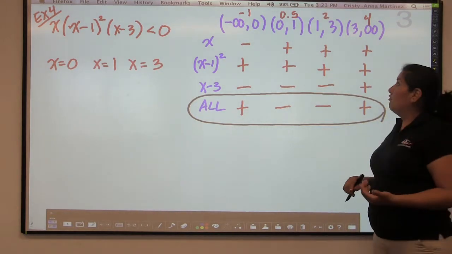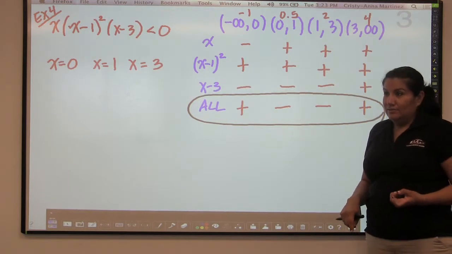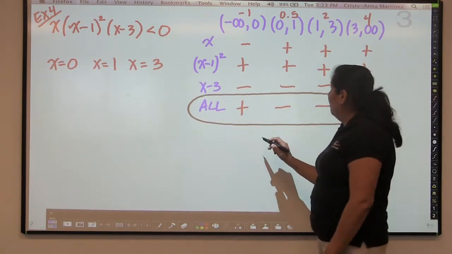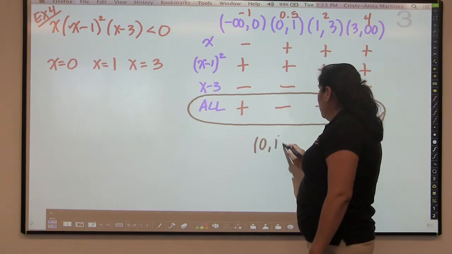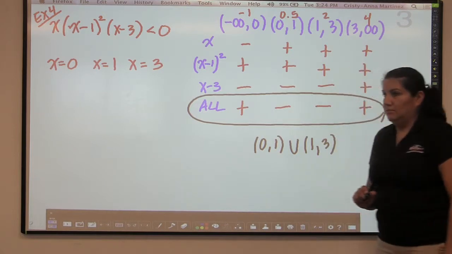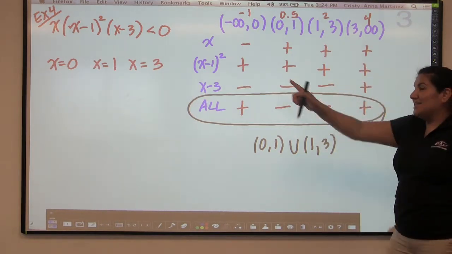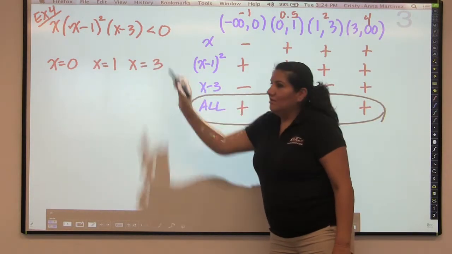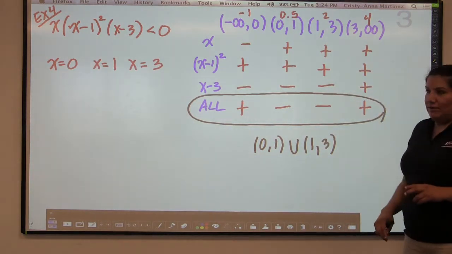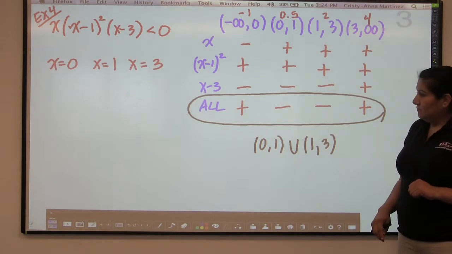You can't go from 0 to 3 because you can't include 1, because 1 would equal 0. So unfortunately, we have to go 0 to 1, and then union that with 1 to 3. If it had an equal to in there, then we could have gone from 0 to 3 because the 1 wouldn't have mattered.